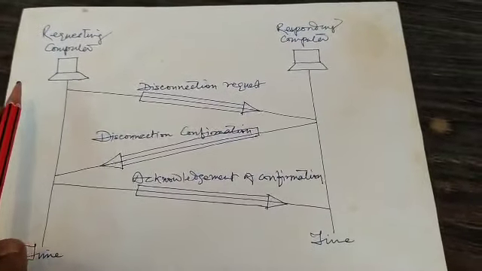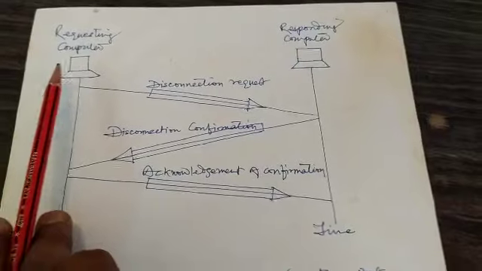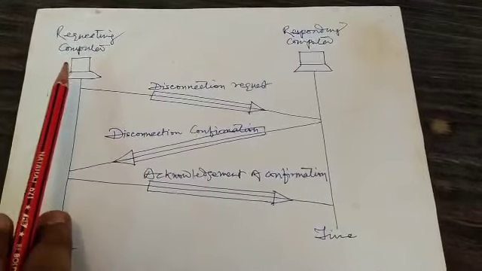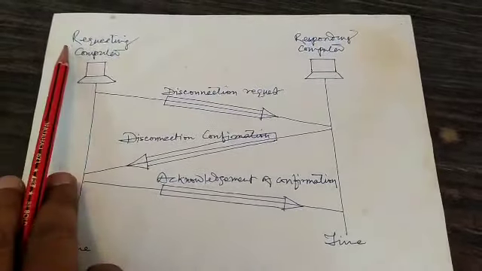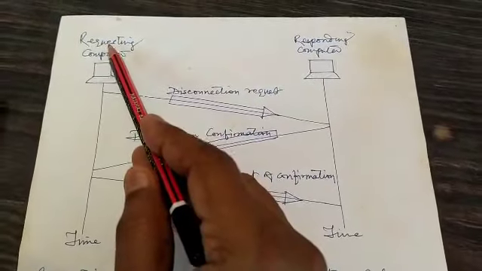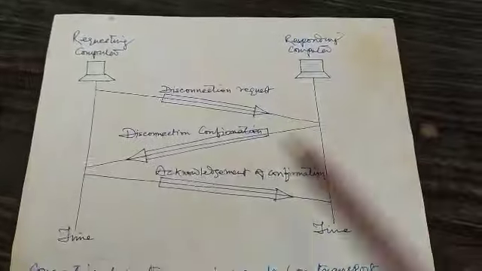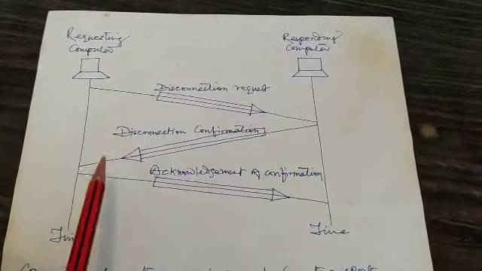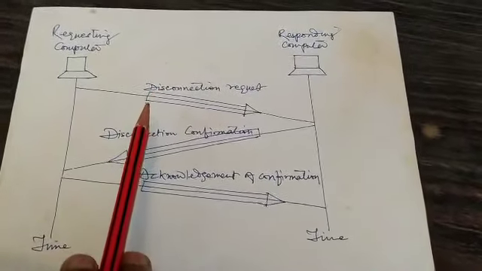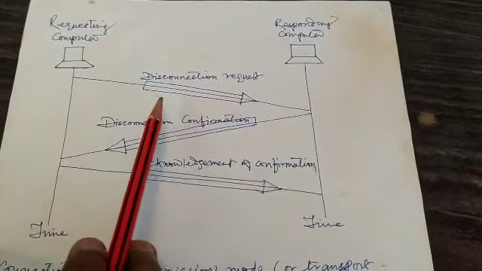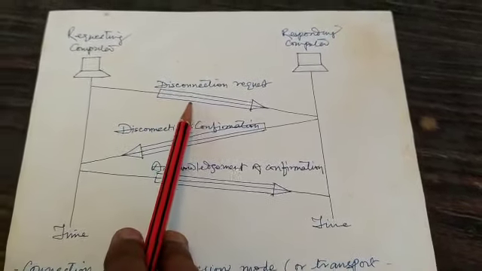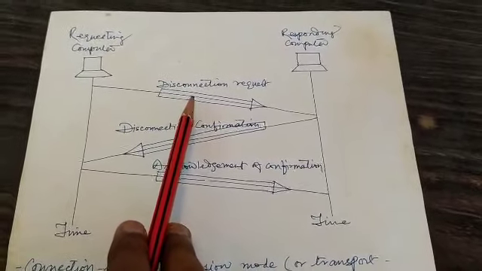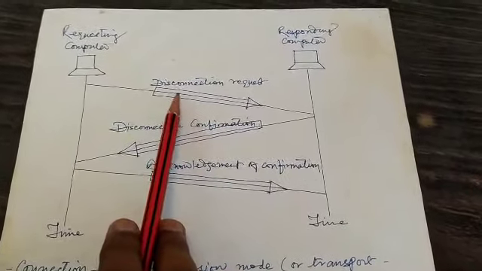For disconnection or connection termination, we can understand this with the help of this diagram. We have in this timing diagram the requesting computer and the responding computer. In this also we have similar kinds of primitives. The only thing is that we have to replace connection by disconnection.